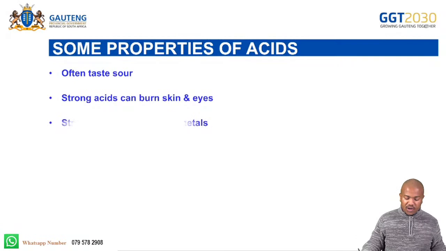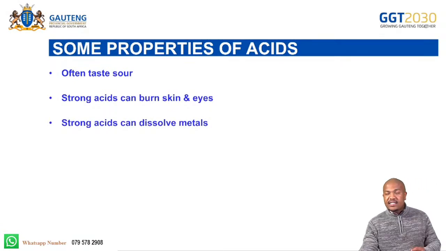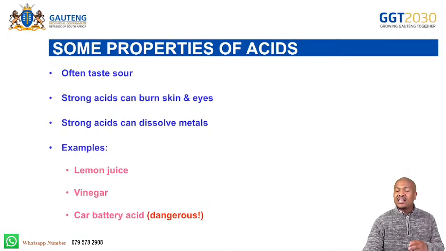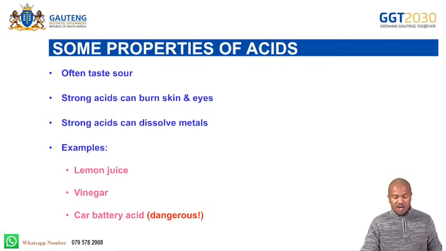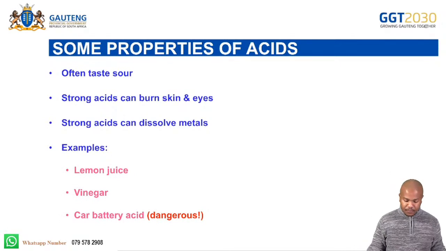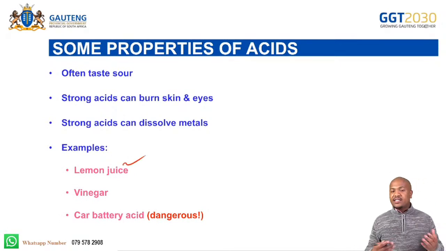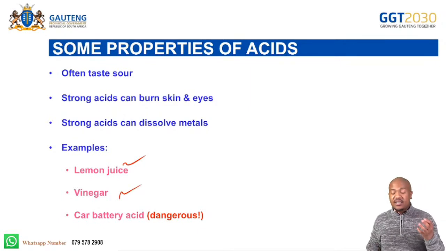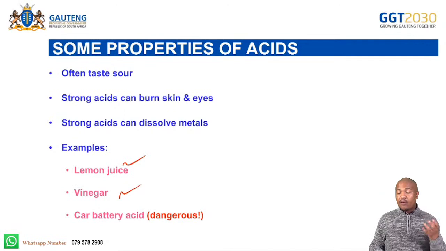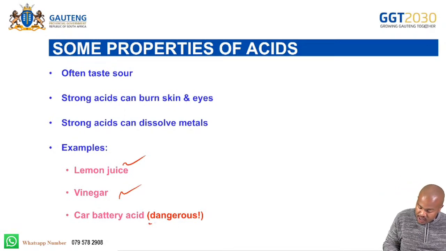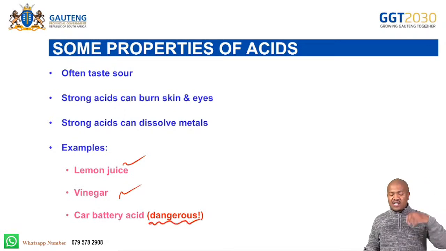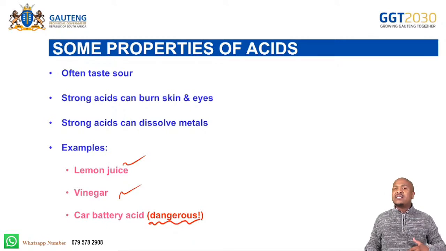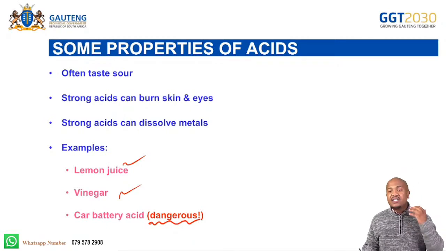Not only that, strong acids can also dissolve metals. They can eat away at metals, they are corrosive. To mention some acids, we have lemon juice, vinegar, then we have sulfuric acid, and that one is dangerous. It can peel off our skin, and burn our skin and eyes as well.